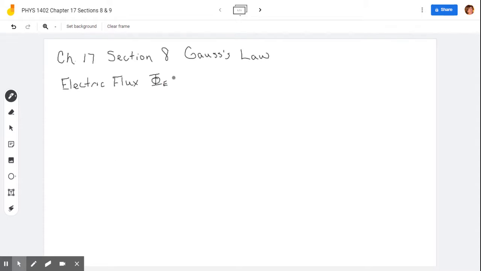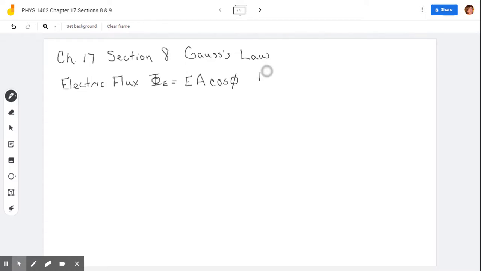Later we'll talk about magnetic flux, so I'm putting the little e there just to remind us that this is electric flux. And it's essentially the product of the electric field strength times an area times cosine of the angle between them.